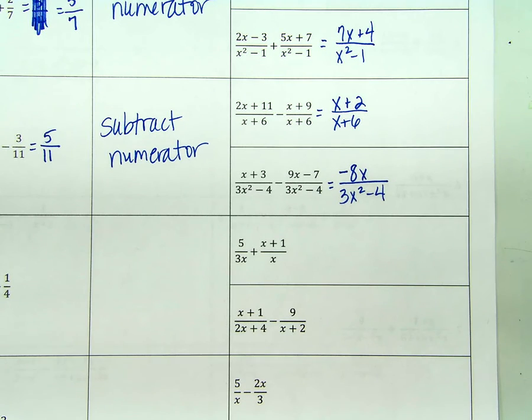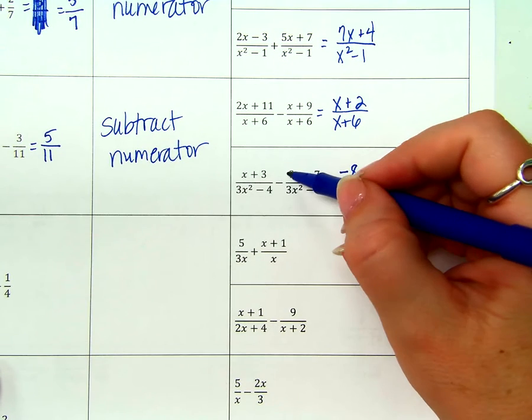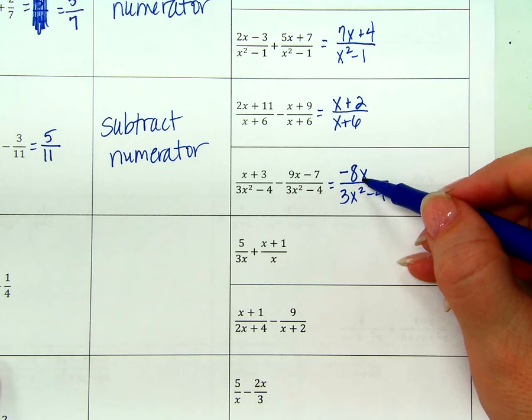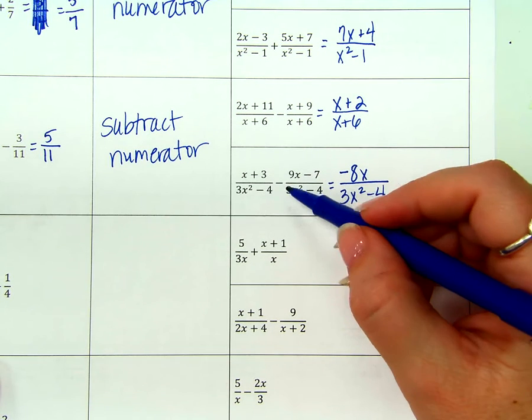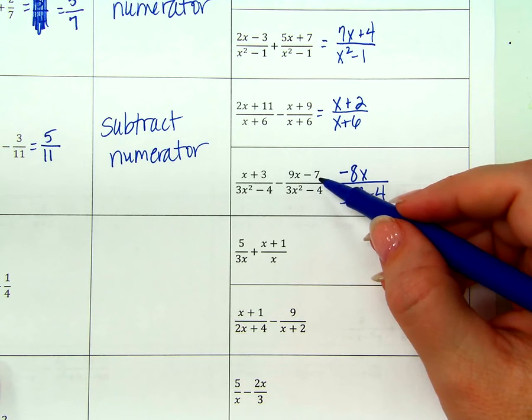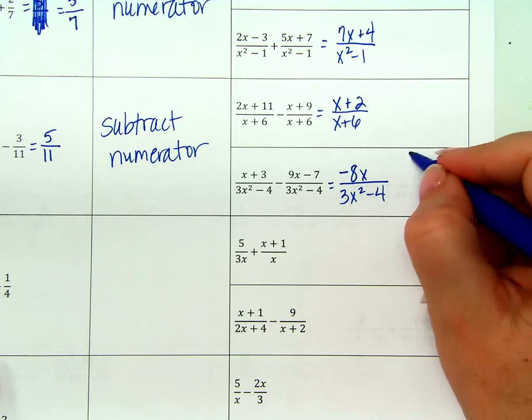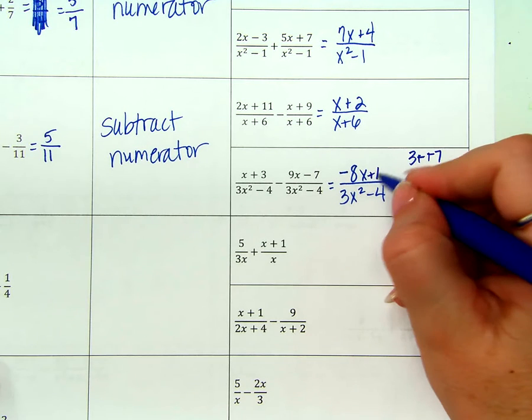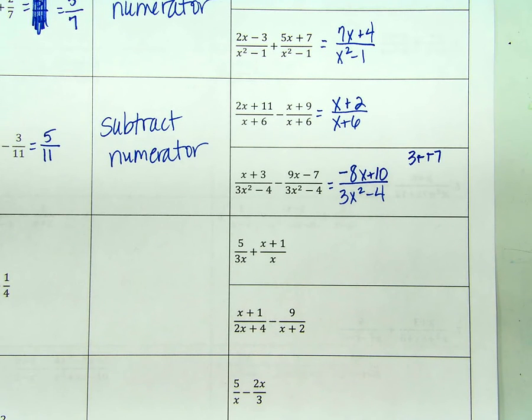Time out. I've lost somebody. I got to catch them up. X minus 9x. That's negative 8x. You okay where that came from? Okay. 3 minus negative 7. Yep, plus plus. 3 minus a negative 7. Plus plus. Plus 10. You good?